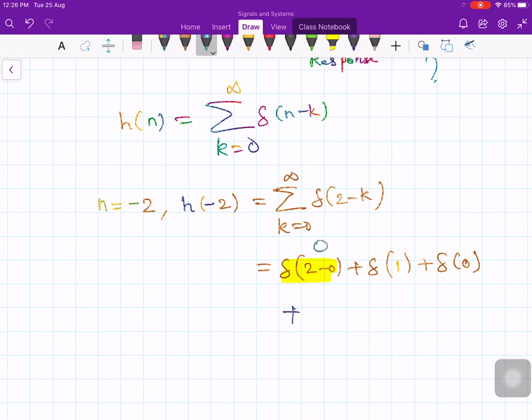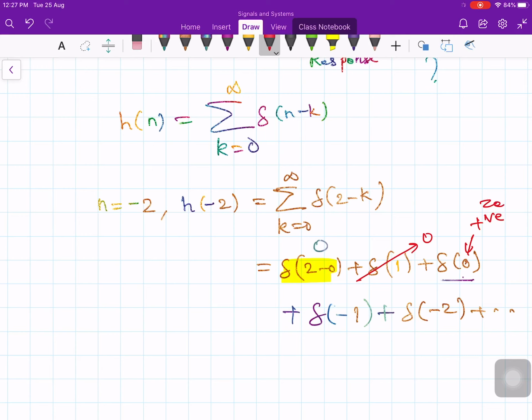When k equals 3, del of minus 1, when k equals 4, then del of minus 2, plus and so on. Now this goes to 0, and here the argument is 0, so it is positive and 0, therefore this gives 1, and here negative and non-zero, so this also 0 and this also 0 and so forth.